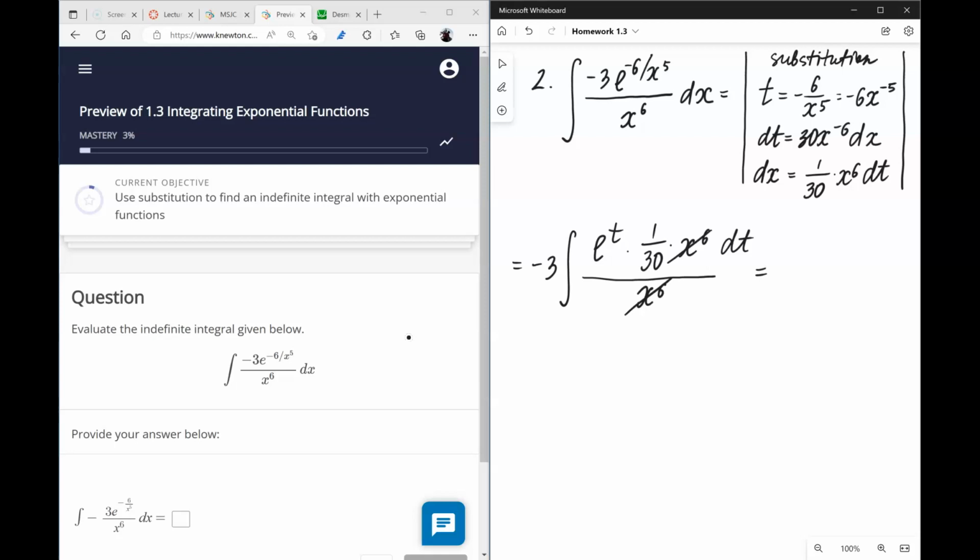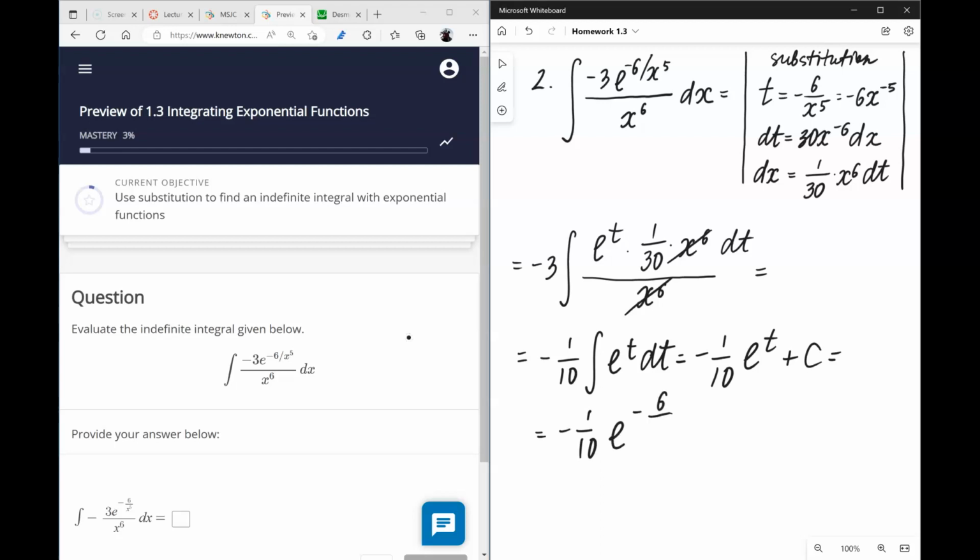The 1 over 30 comes out, so we have negative 1 over 10 times the integral of e to the t dt. So the answer is negative 1 over 10 e to the t plus c, but instead of t, I'm going to write what t stands for, which is negative 6 over x to the power 5. That's the final answer.